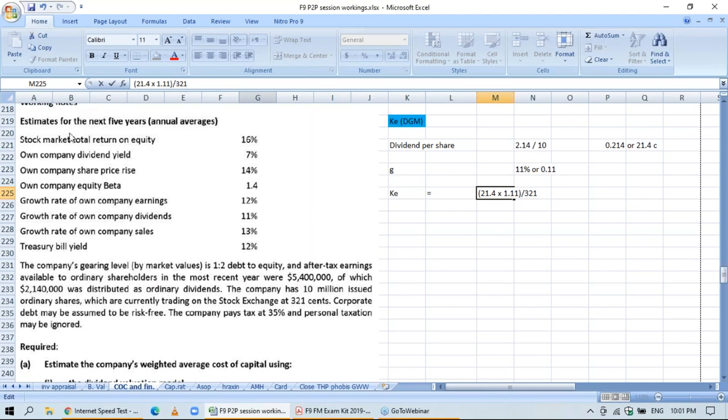The plug-in figures are as follows: 21.4 cents is the dividend, and 11% is the growth rate. So now you get the cost of equity, which is 0.184 or 18.4%. This is using the dividend growth model. Right? Now let's calculate the cost of equity using CAPM.